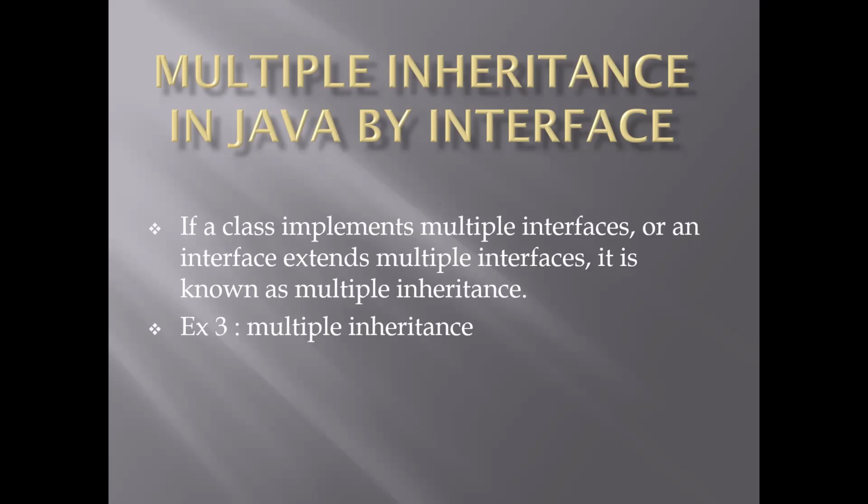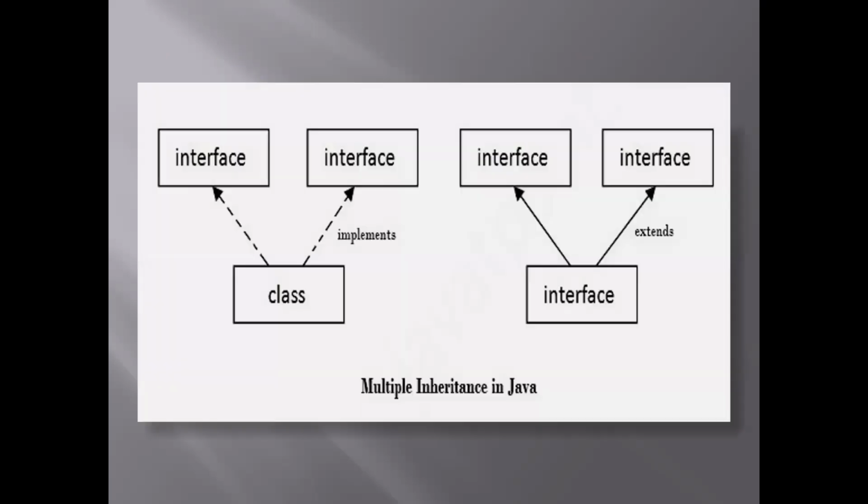So let's see here the multiple inheritance relationships allowed in Java. These are the only two cases allowed for multiple inheritance. It's either one class implements two interfaces, or an interface extends two interfaces. Instead of extending one interface, it can extend two interfaces.